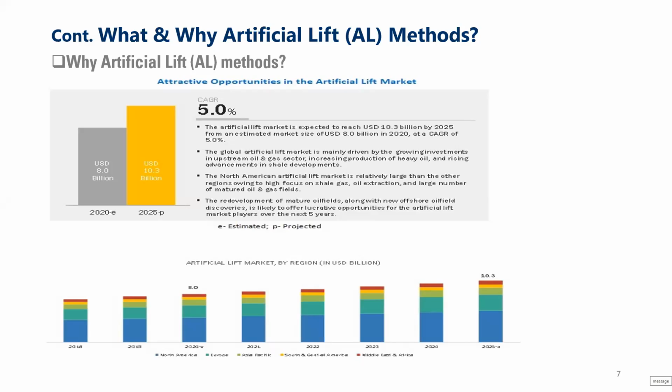So this is just some supportive information showing why the artificial lift industry is growing. The chart below shows the steady growth from 2018 until 2025, reaching the projected figure of 10.3.